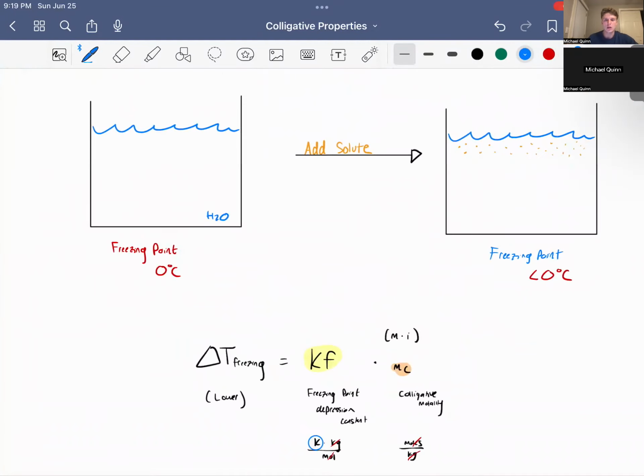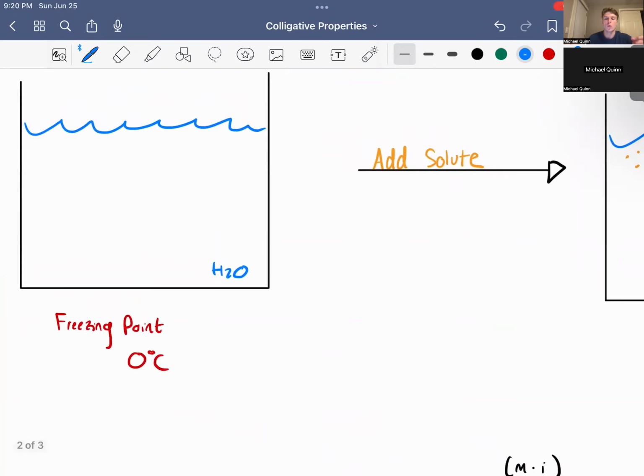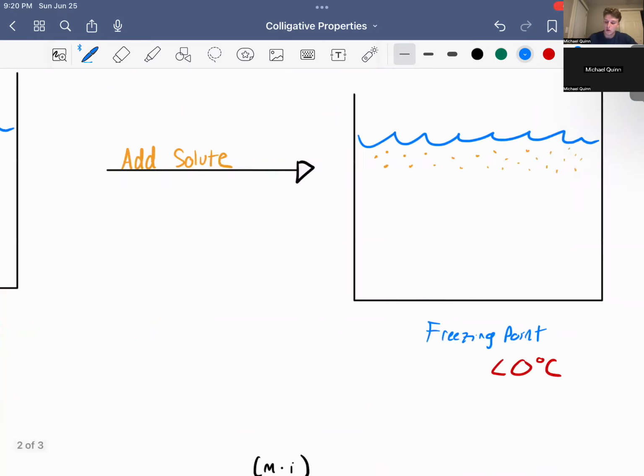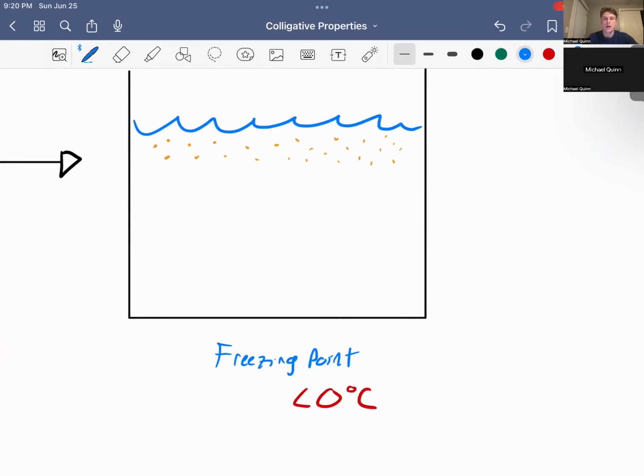So the explanation for why the freezing point goes down is a little bit trickier than the boiling point elevation explanation. So when we picture water in the liquid form, trying to freeze and condense into this ice block, what we can think of is as the solute is added to this liquid, it makes it more difficult to build that solid block because those solute particles are going to disrupt those water molecules' ability to form those nice block structures of ice.